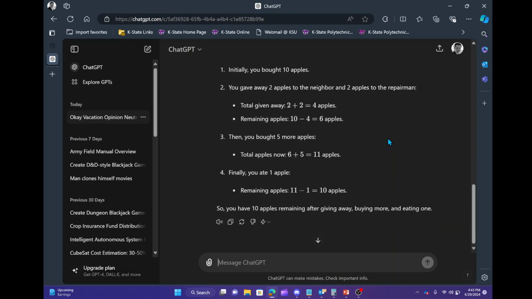It's actually 10 apples, and so if you initially bought 10, you gave away 2 apples to the neighbor and 2 apples to the repairman. So that's 2 plus 2 equals 4 apples. Remaining is 10 minus 4 equals 6 apples. Then you bought 5 more, which gives you a total of 6 plus 5 equals 11. But then you ate 1 apple, which means that you've got 10 left.